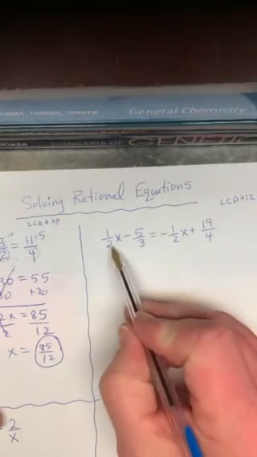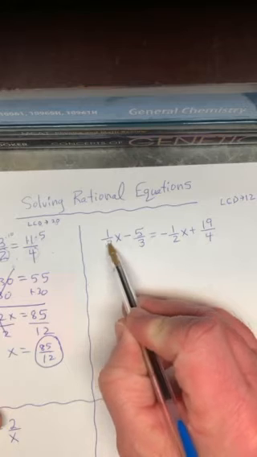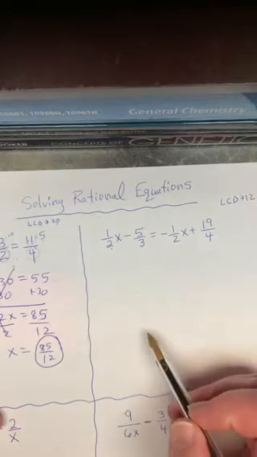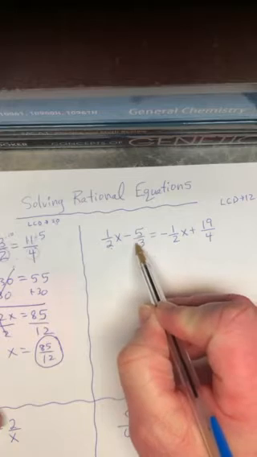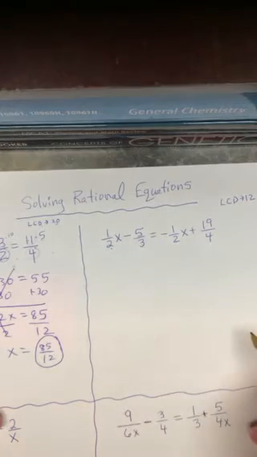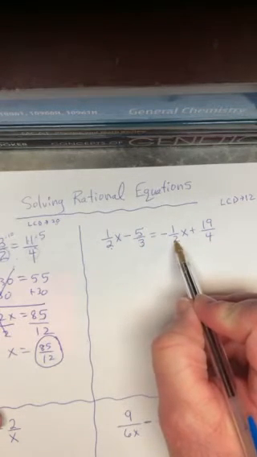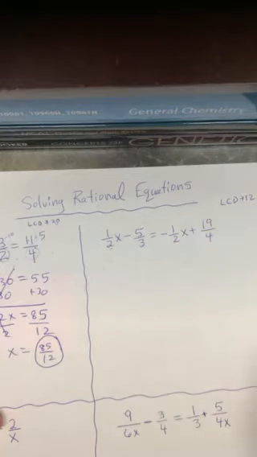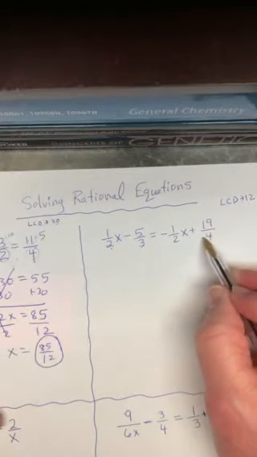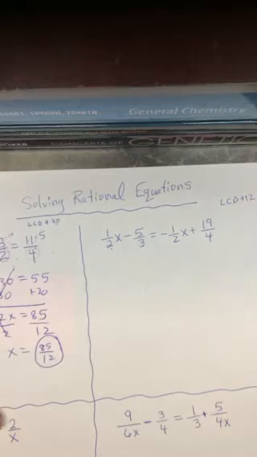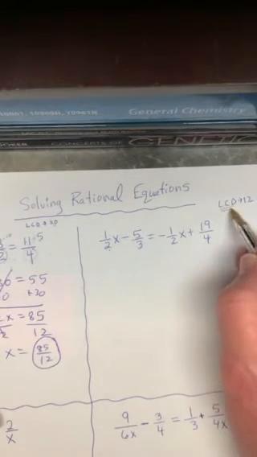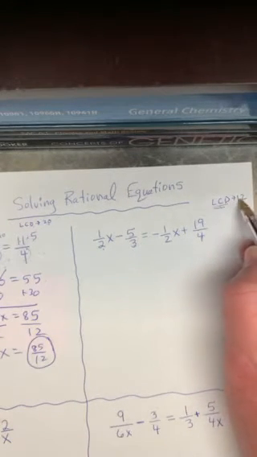Think about it. 2, if I times them by 6, would turn into 12. 3, if I times them by 4, would turn into a 12. 2, if I times them by 6, would turn into 12. And 4, if I times them by 3, would again turn into a 12. So my least common denominator is going to be 12.